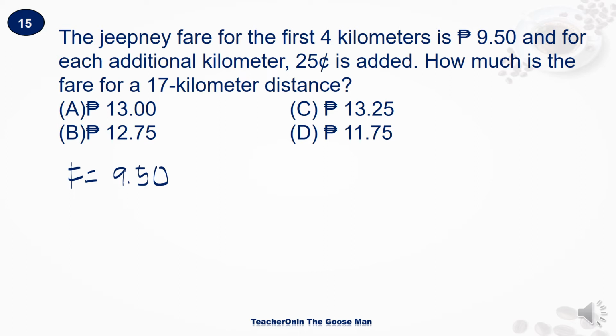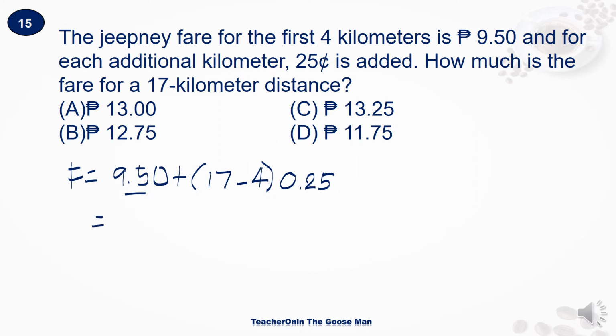Next, this is your minimum fare plus 17 kilometers minus your minimum distance. In excess of 4 kilometers, you have a payment of 25 cents. Let's repeat: 9 pesos and 50 cents is the minimum fare, and in excess of 4 kilometers, multiply that by 25 cents. This is our working equation for our function.